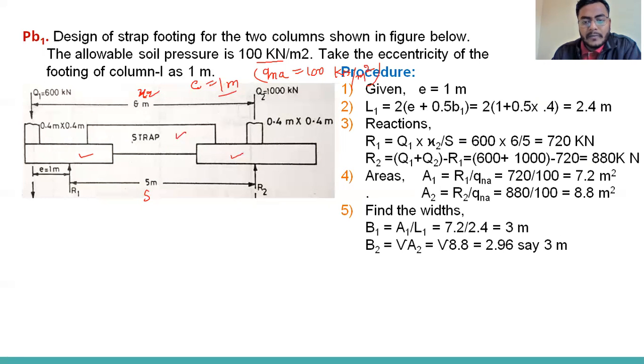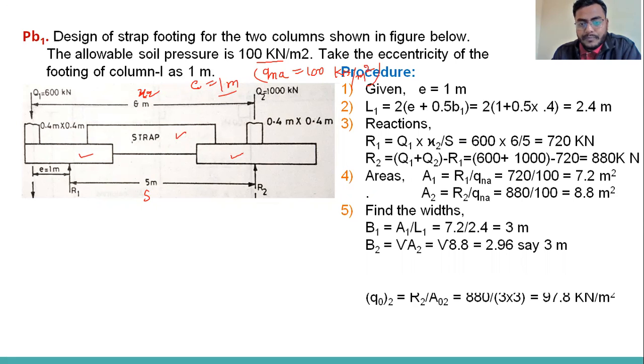So required width B1, we get 3 meter. Required width B2, we get by taking the square root of A2 for the second footing, which is below the interior column, that is square in shape. So we got 2.96. So I'm assuming we are providing 3 meter to be on the safe side.